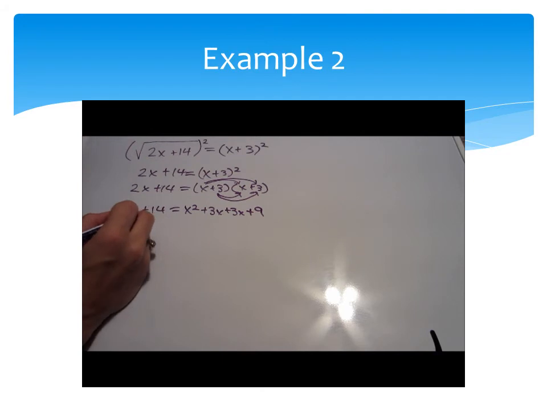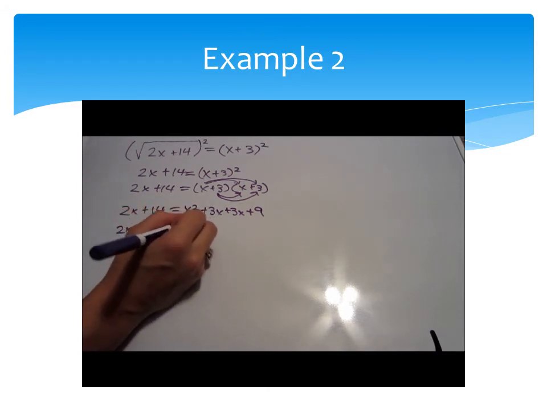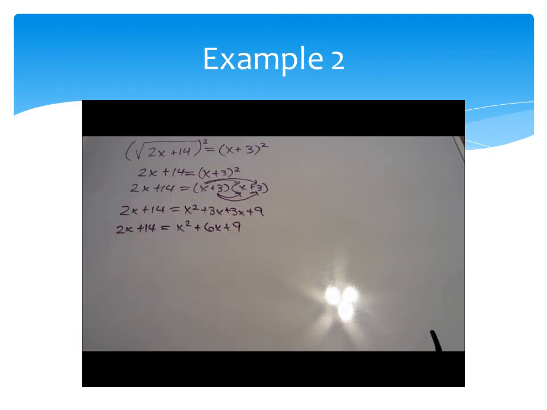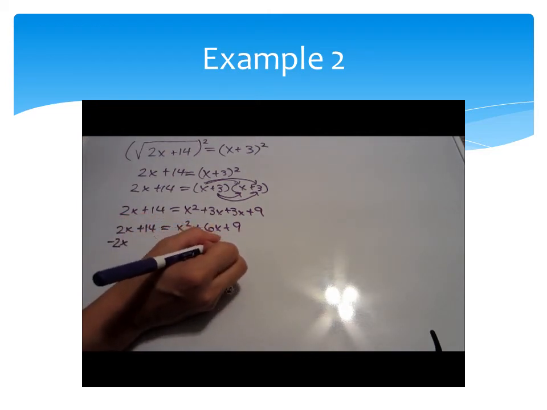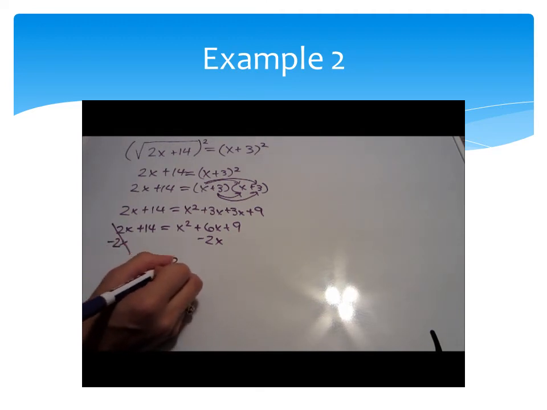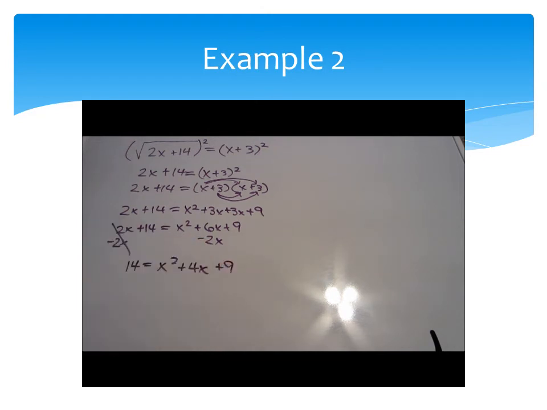Combining our like terms, we get 2x + 14 = x² + 6x + 9. Now we can subtract the 2x from both sides, and this gives us 14 = x² + 4x + 9.